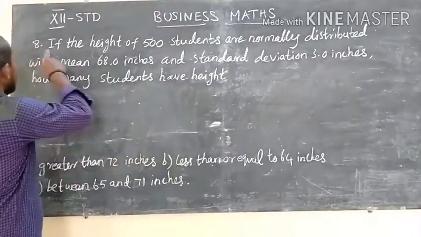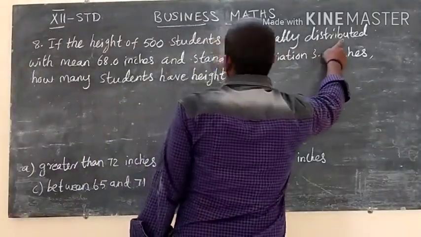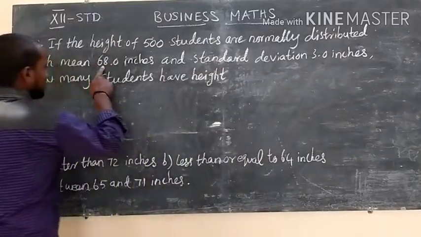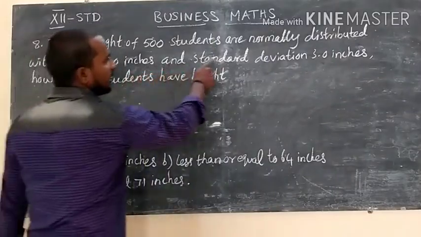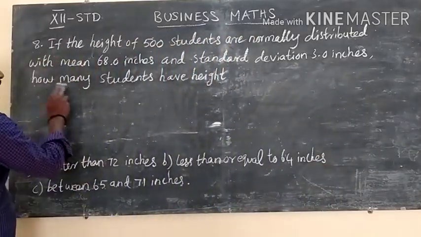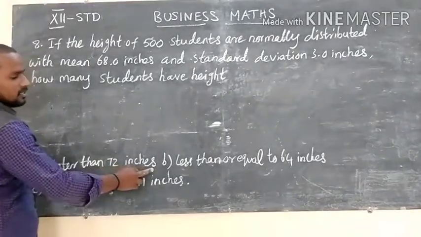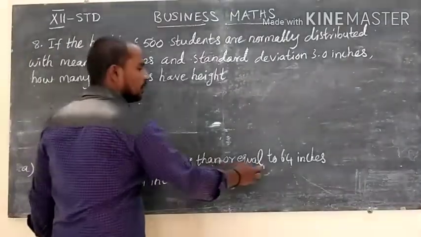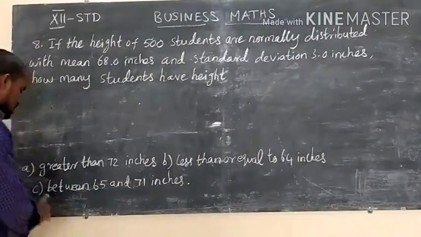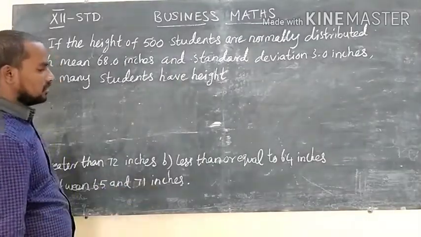Dear student, next, the 8th question. If the heights of 500 students are normally distributed with mean 68 inches and standard deviation 3 inches, how many students have height A, greater than 72 inches, B, less than or equal to 64 inches, and C, between 65 and 71 inches?